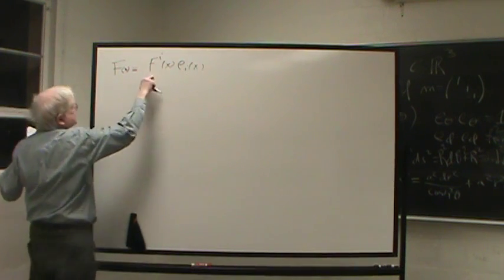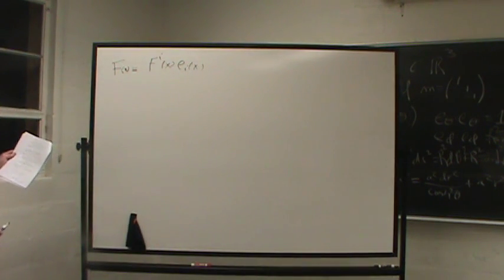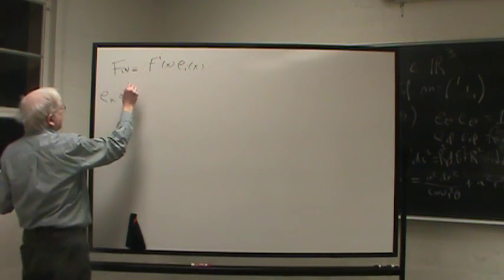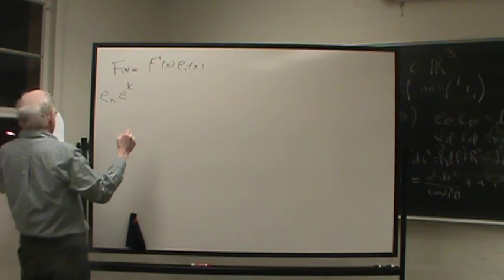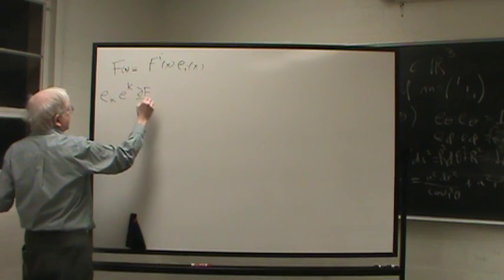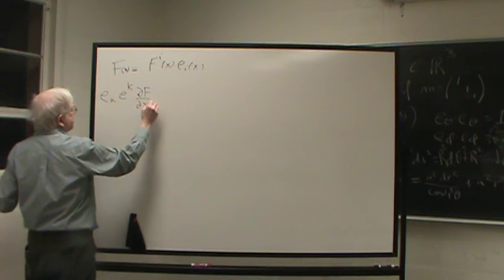So these are the basis vectors, and these are some contravariant coefficients. And now, let's act on it with a projection operator and then take the derivative of f with respect to xl.